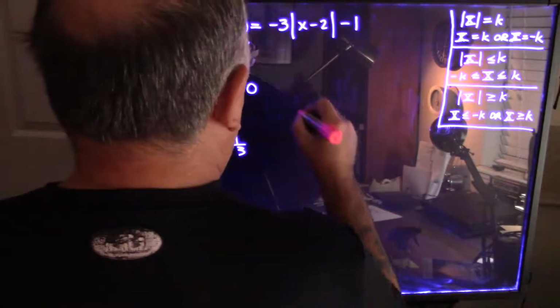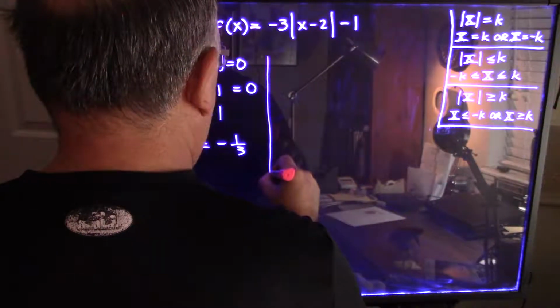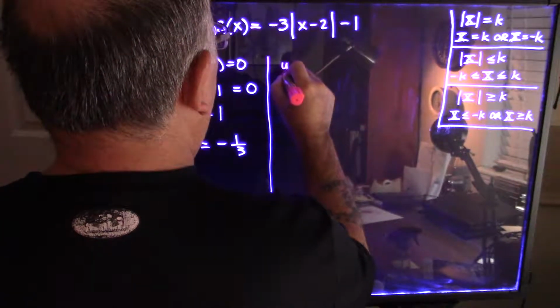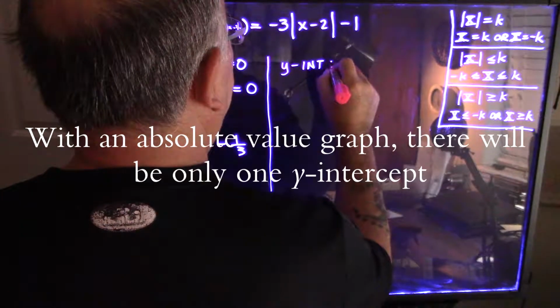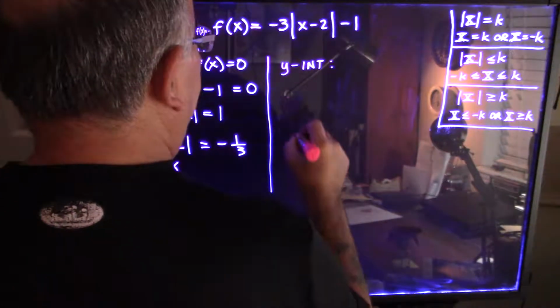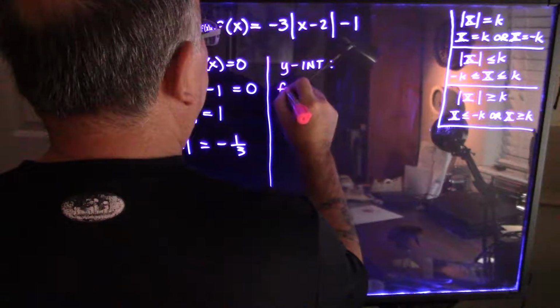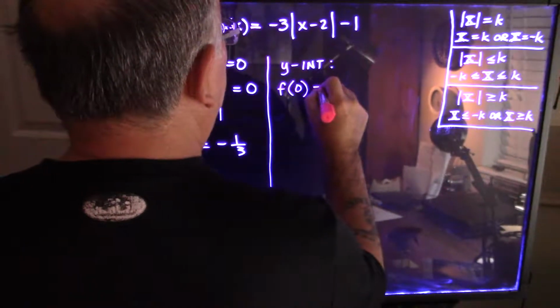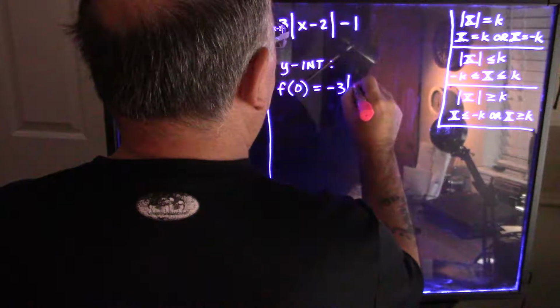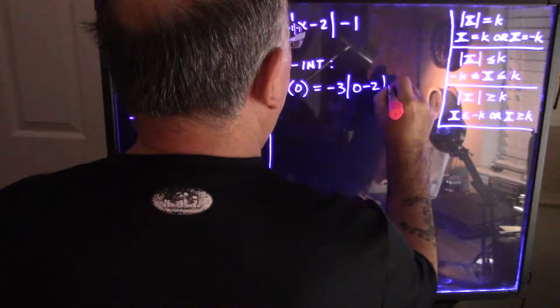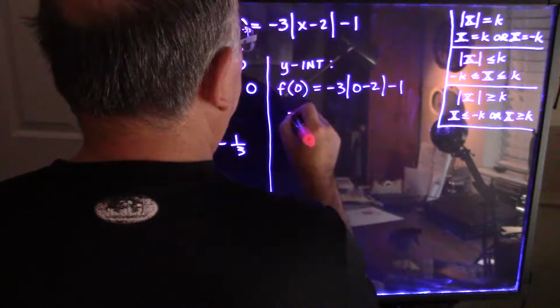So how about the y-intercept? Or intercepts. So evaluate f of 0. That equals -3 times absolute value of 0 minus 2 minus 1.